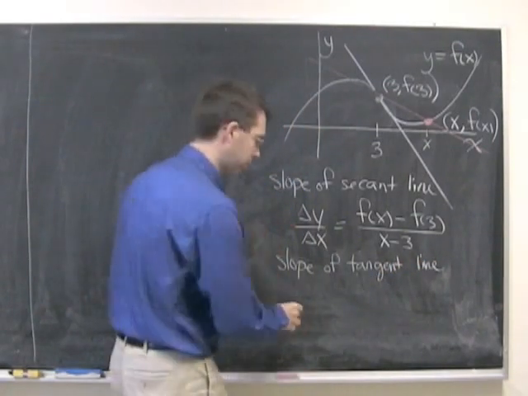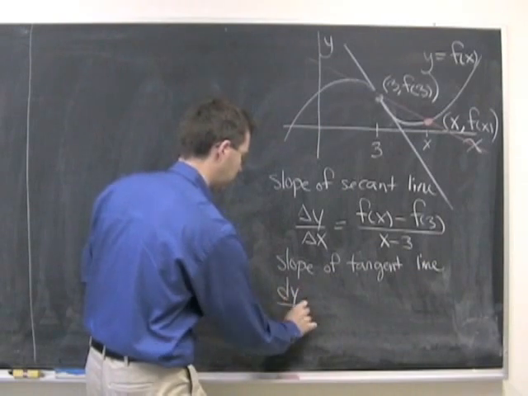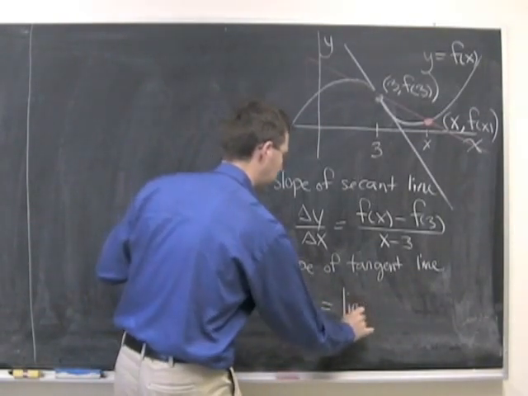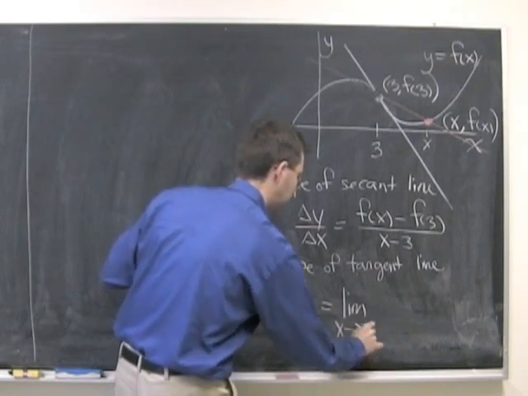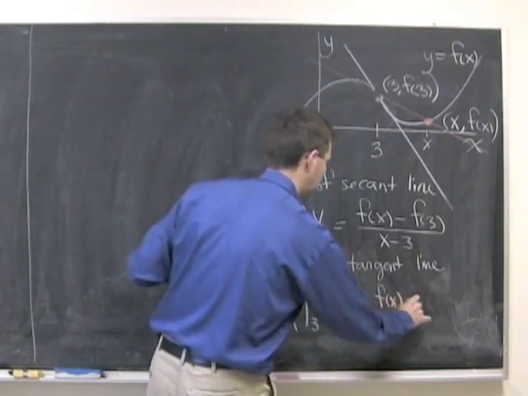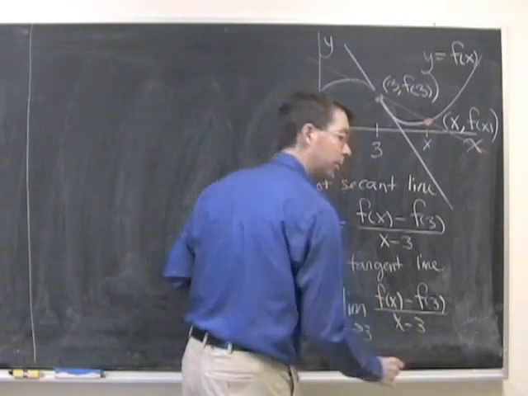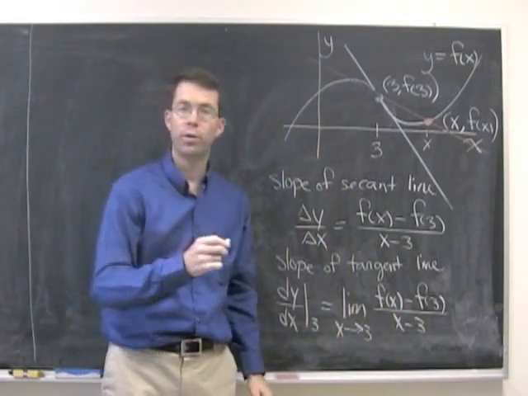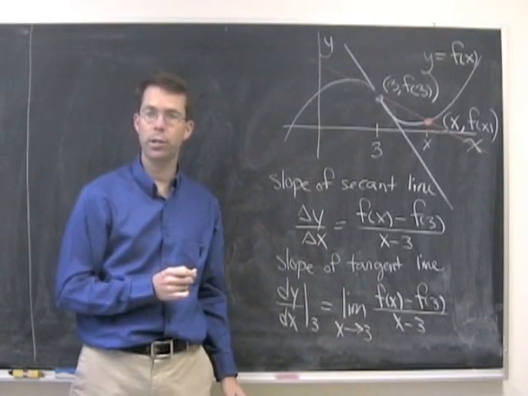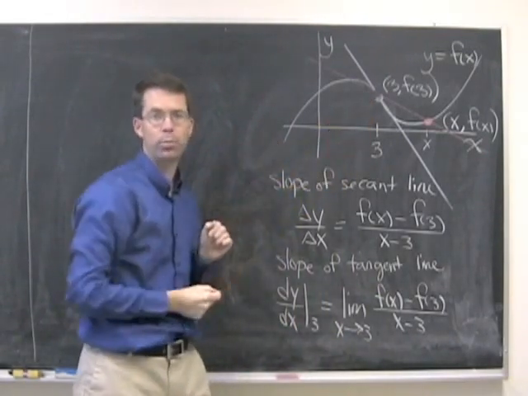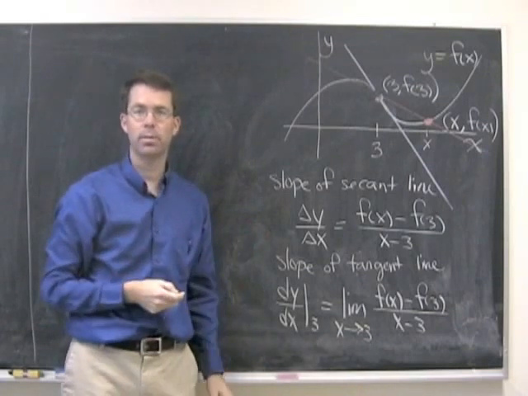And that's the derivative. The derivative is the limit of a slope where the second point moves to the first point. That's all a derivative is.